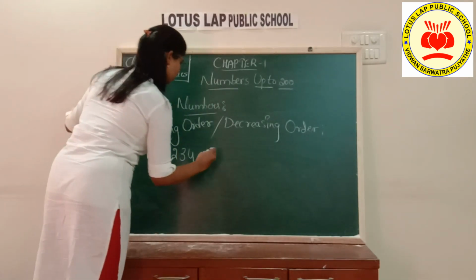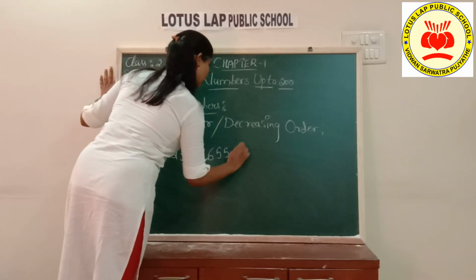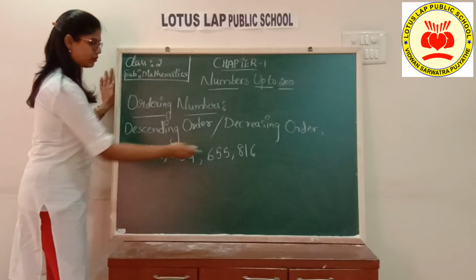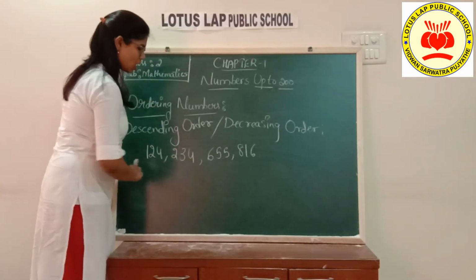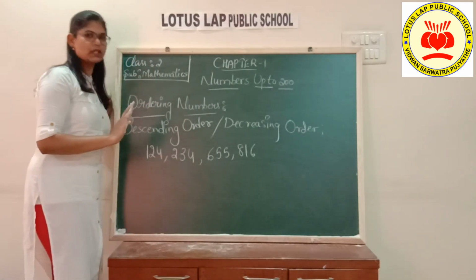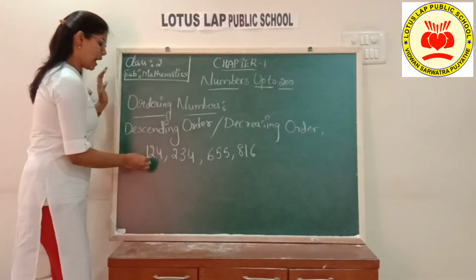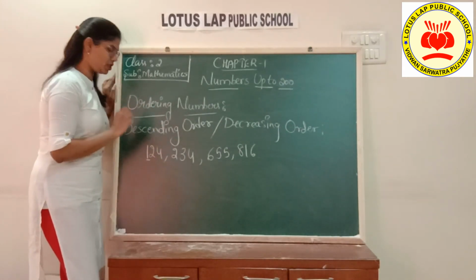234, 655, 816. Okay. These are the numbers I have taken. As you can see here, all are 3 digits. Okay, I have told you how to compare the numbers. Now highest place value of a number you have to check.